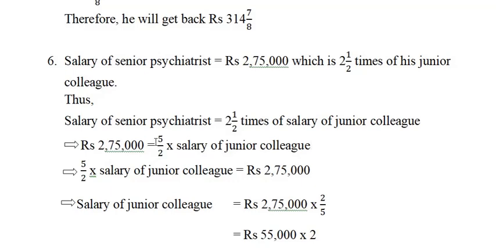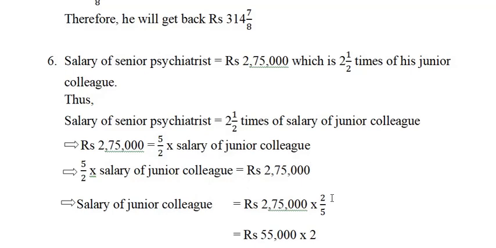So I'm just transferring whatever is on the right hand side of the equals to sign: this 5 by 2 into salary of junior colleague, I am keeping in the left hand side, and this rupees 2,75,000 on the right hand side. You can do this. It is known as transposition.